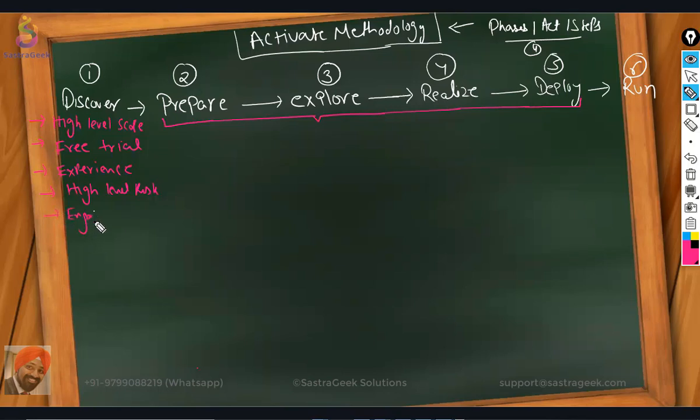Your engagement with partners, that is, who would be the partner helping you get this deployed, would happen within the discover phase. Your business case for the SAP S4 HANA implementation, you would be preparing in the discover phase, that is, what kind of advantages you are looking for post go live, which will make a business case for implementation.